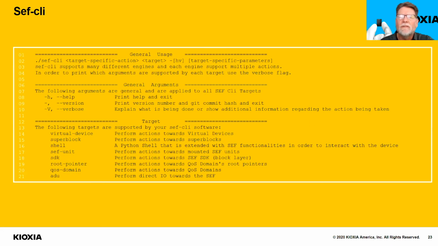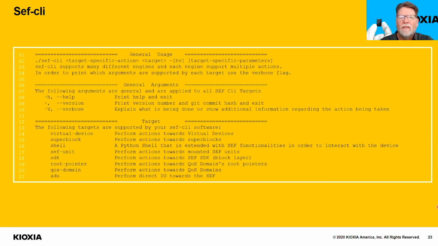Any of the functions of the SEF CLI command could actually be incorporated into an application if needed. There's extensive built-in help, and this is the top-level help output. In addition to allowing the configuration of the device, it also supports all of the API primitives, so you can actually read and write data using the SEF CLI command if you want.